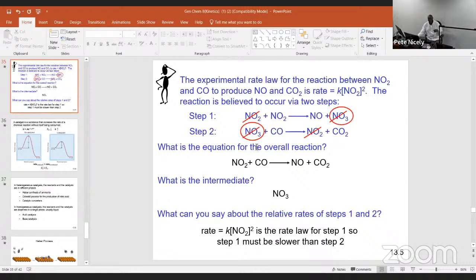The catalyst would be the opposite, right? The catalyst would be used up in one step and then produced in a subsequent step. So that's a big important difference between the catalyst and the intermediate. And I mentioned that because that will be important to answering one of the questions that is in assignment number 2. All right.